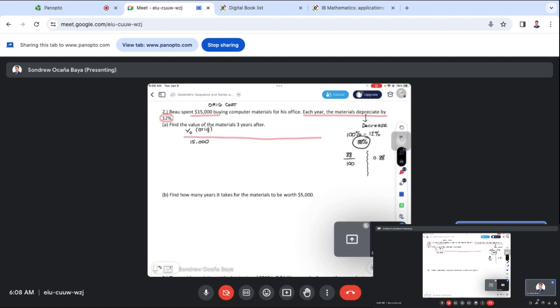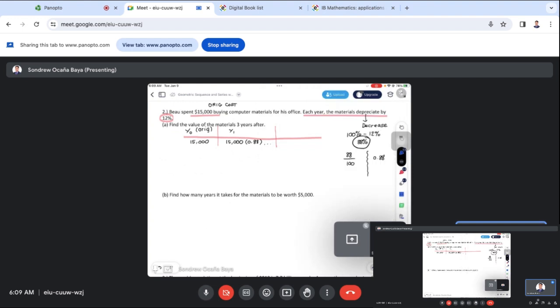That means if you wanted to know the value of the material in the next year, so that you won't be confused, year one, we have to multiply 15,000 by the remaining percentage, which is 0.88. And this pattern continues. And that's it. So this is where your analysis comes in.